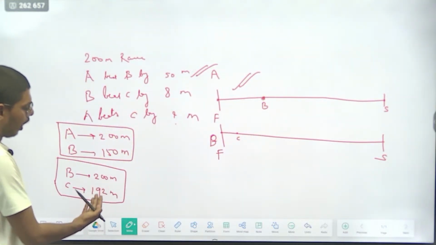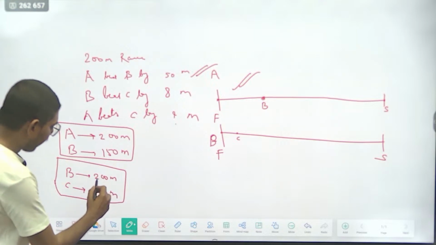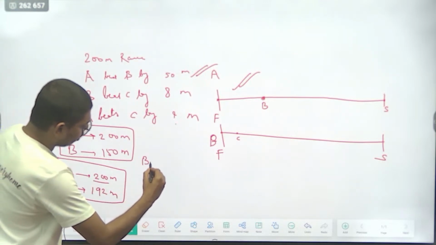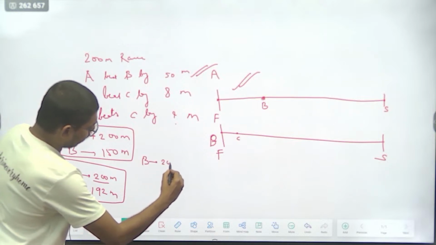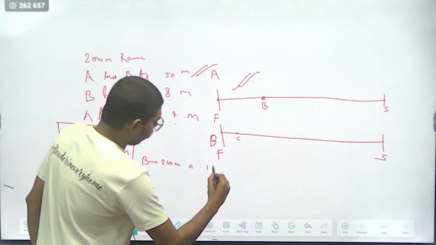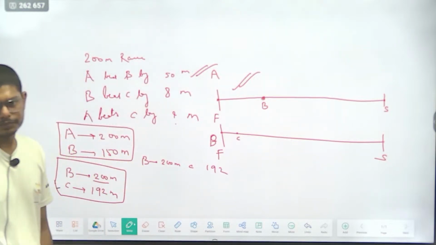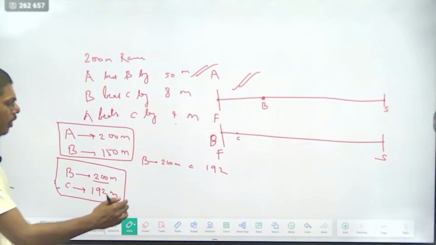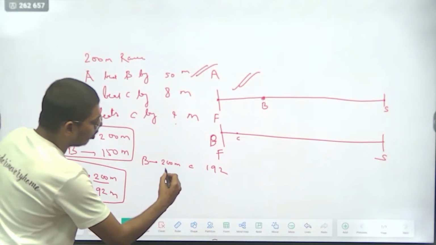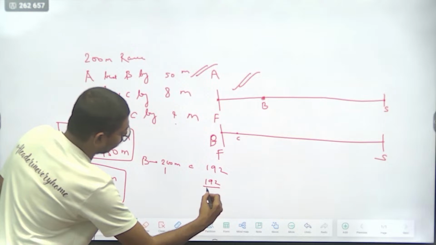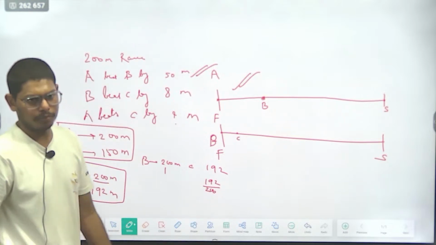What if we find out, if B travels 200 meters, C is traveling 192 meters? We call it the unitary method. If B travels only 1 meter, C will be traveling 192 divided by 200 meters, yes or no?